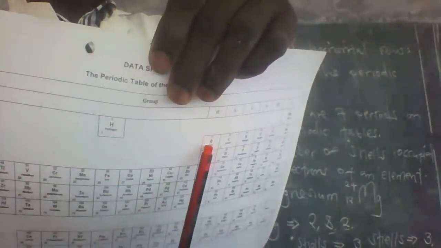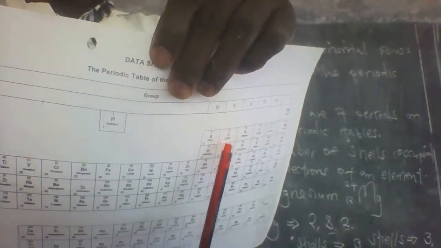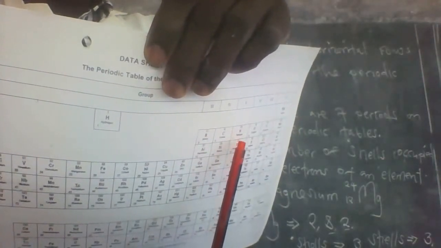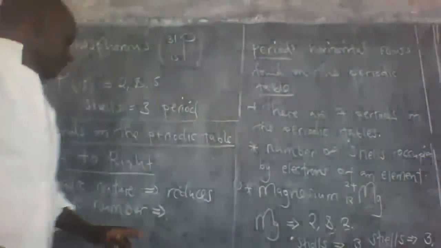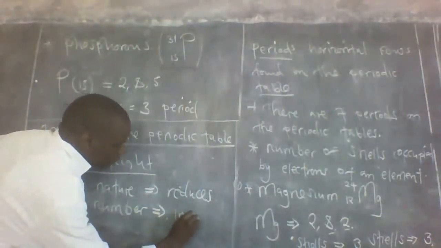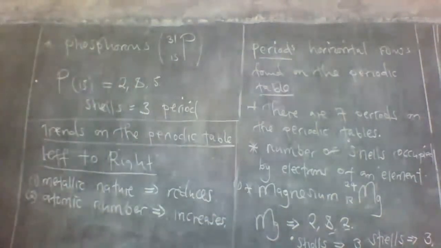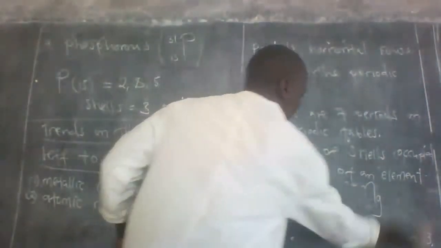We have boron, atomic number 5. Carbon, atomic number 6. Nitrogen, atomic number 7. Oxygen, atomic number 8. So moving from the left going to the right, the atomic number increases. What other thing can you learn from it?